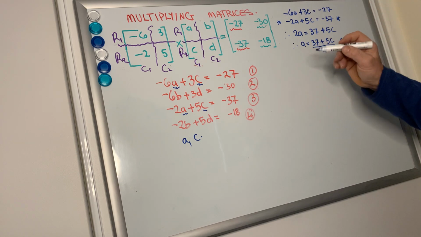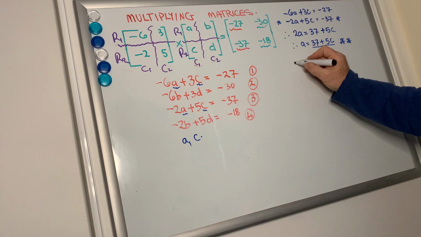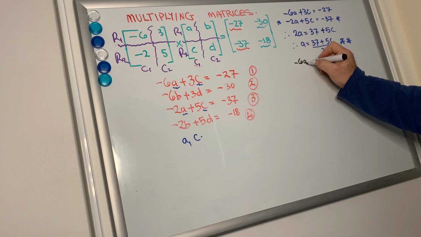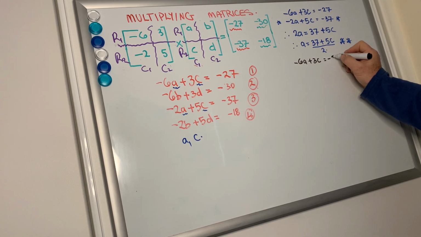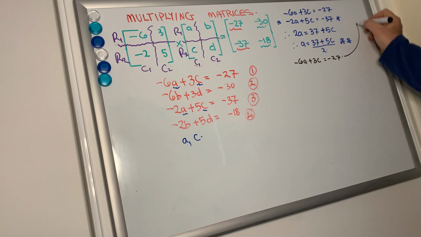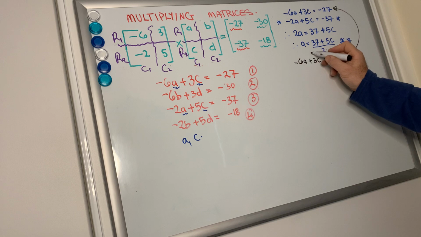So if we use this equation, minus 6a plus 3c equals minus 27, which is this equation back there, where I've got a, I'm going to put all of this in.